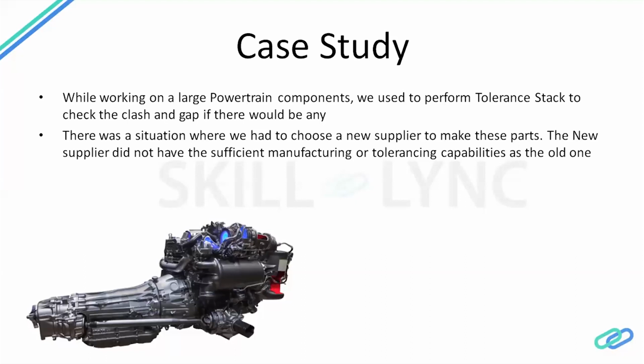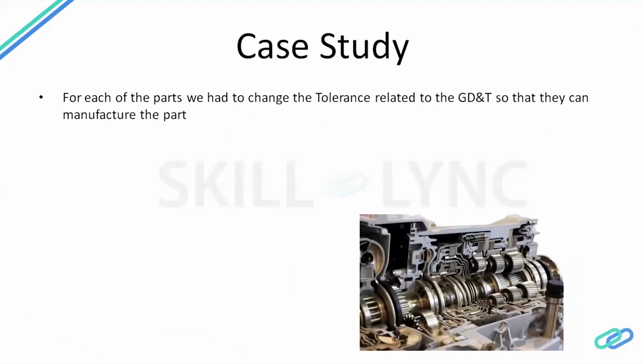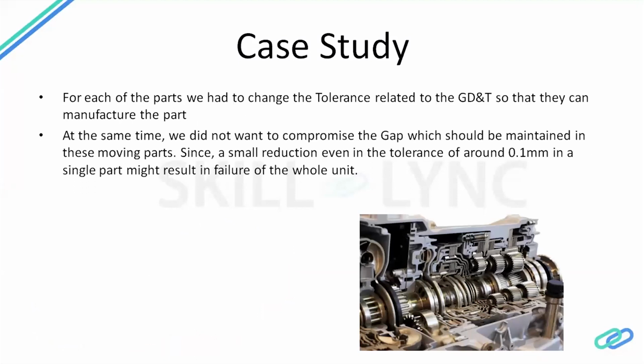Now, imagine how it works in an airplane engine. That much significance it is to each of the moving parts involved. So this is one of the case studies which I came across, and we had very complex situations arise out of changing one tolerance or one symbol and everything. There are many more different cases also involved.